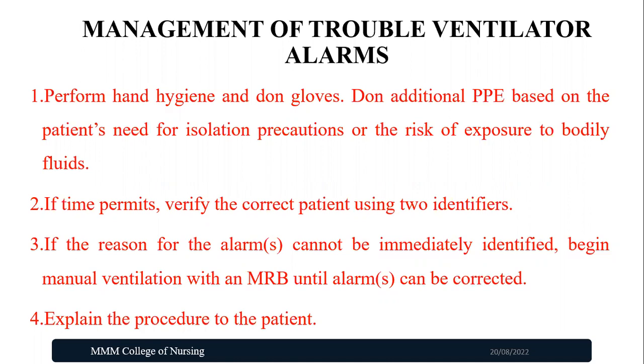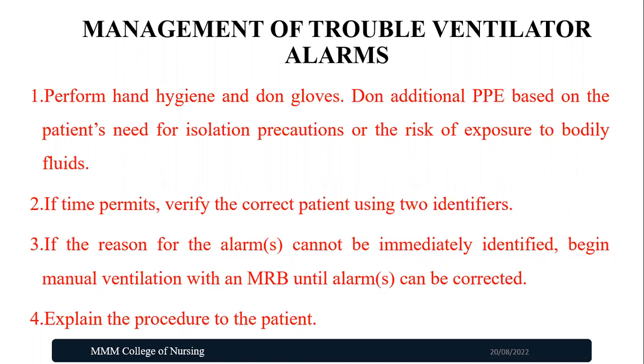If time permits, verify the correct patient using two identifiers. If you can identify the reason for the alarm, then you can attend to it. Suppose you are not able to identify the reason for the alarm immediately, then you can do manual breathing until the alarm can be corrected, and explain the procedure to the patient.